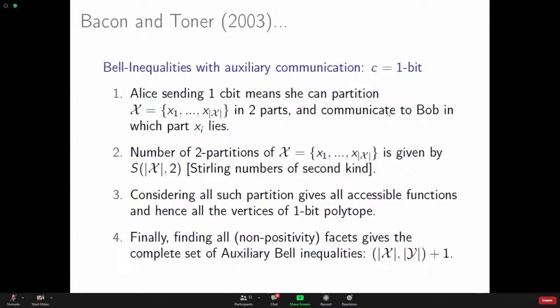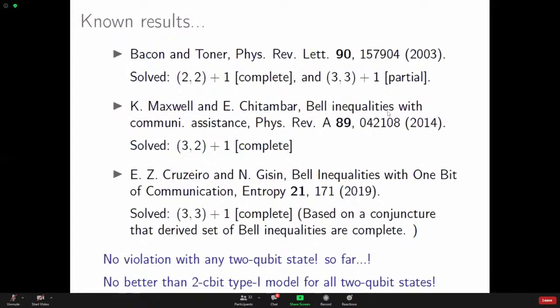But in this direction, I will just mention some key results. In the initial paper by Bacon and Toner, they solved this when Alice's measurement setting is 2, Bob's is 2, and 1 C-bit from Alice to Bob is allowed. Then Alice 3 and Bob 3 and 1 C-bit.